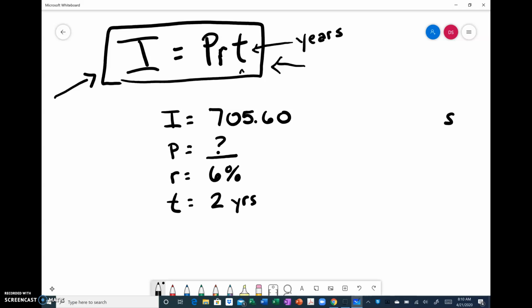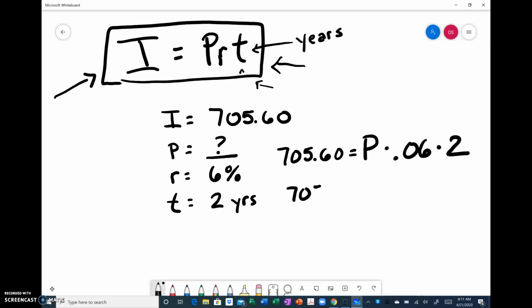So what are we going to do? We're going to know our formula. We're going to write it down. I already have it written down, so I'm not going to write it again. I'm going to plug in what I know. I know the interest is 705.6. You can put the 0 there if you want to. Don't have to. I don't know P. That's what I'm solving for. I'm changing my rate to a decimal and 2 years. So, into my calculator, I type 0.06 times 2 equals 0.12.